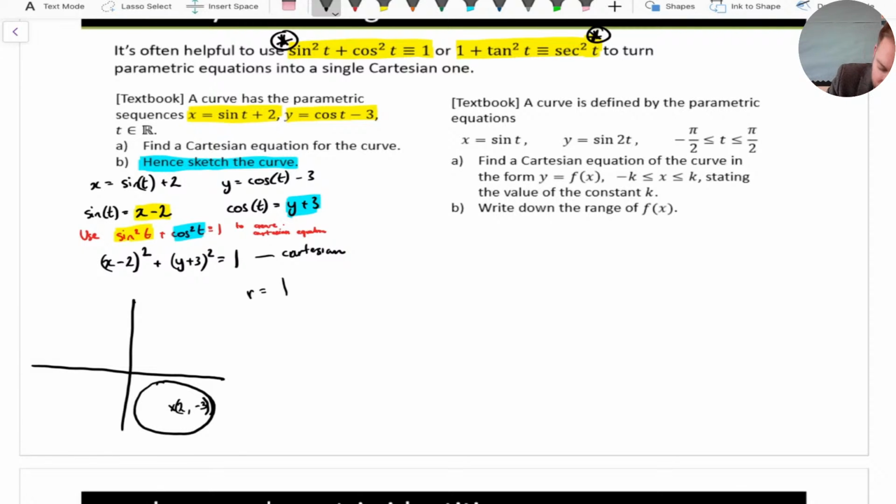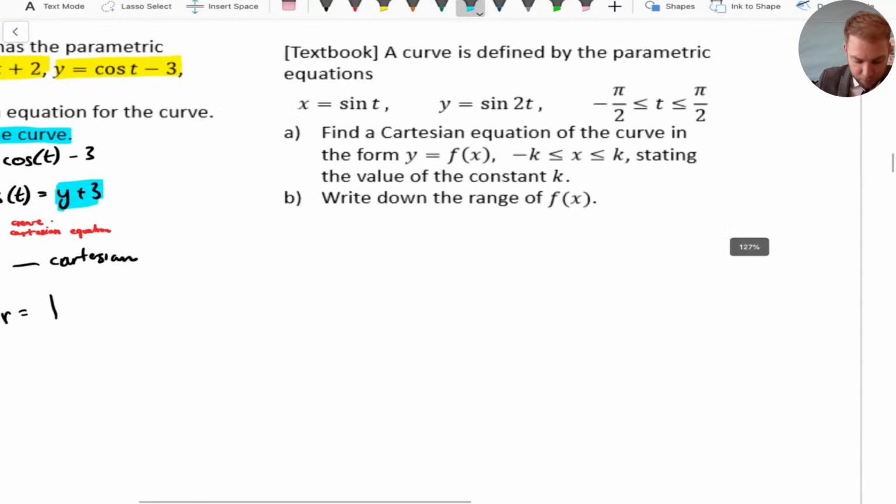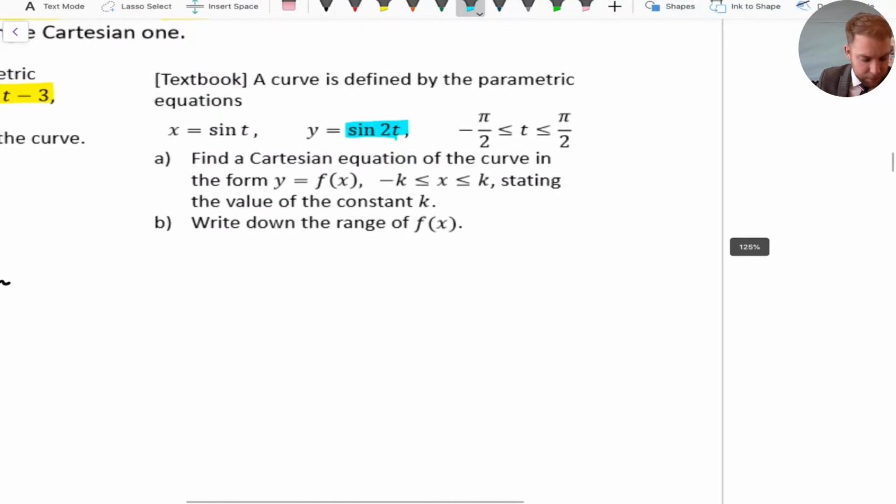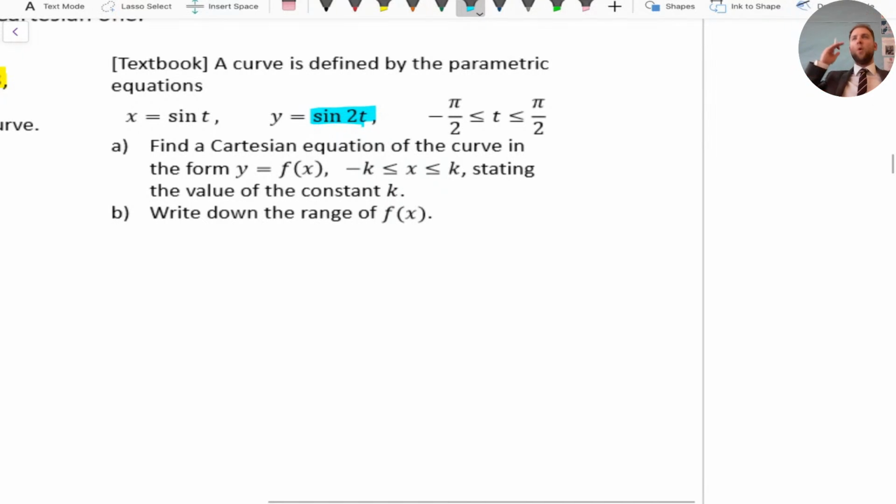Straight away I can see this is sine of 2t, and that's a problem for me, because now I'm thinking, which equations have got sine 2t in and sine of t in?